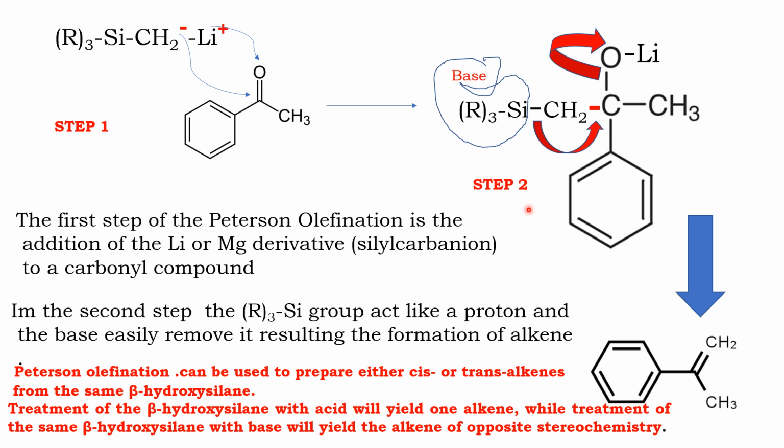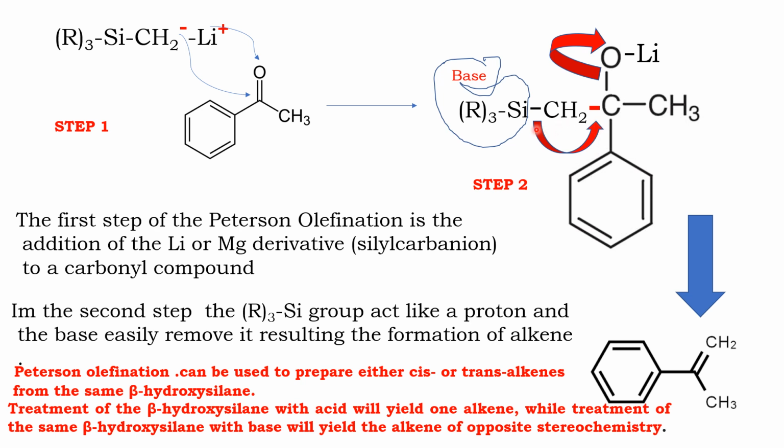Now, the importance of trialkyl silane is that this R3Si group acts as a proton-like species. We know in organic reactions, protons are easily eliminated or abstracted by a base. H plus is easily abstracted by OH minus. Similarly, this R3Si will be abstracted by a base, so that the silicon-carbon bond shifts towards here.